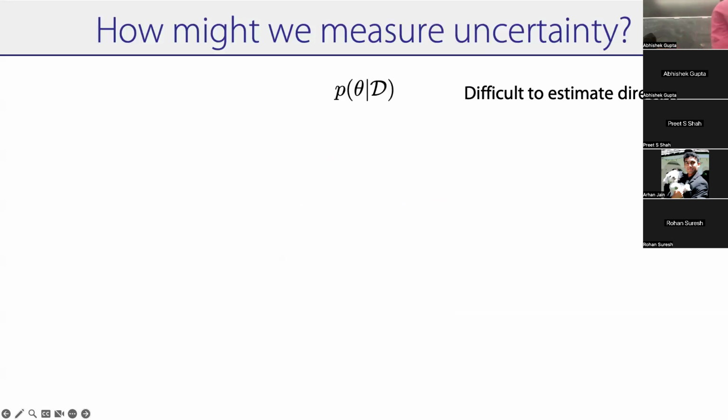So what is uncertainty, right? The uncertainty we want, which is epistemic uncertainty, is really P of theta given D, which means the likelihood of a particular model that is consistent with your data D. This is a Bayesian concept.